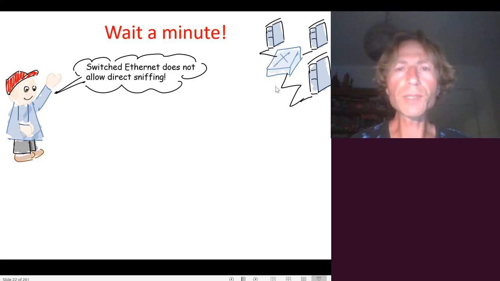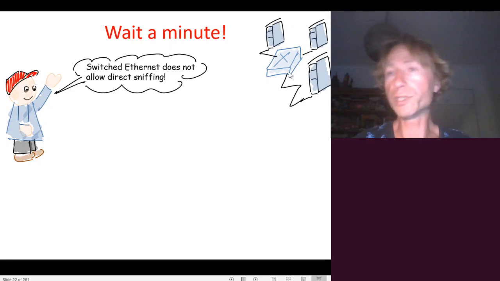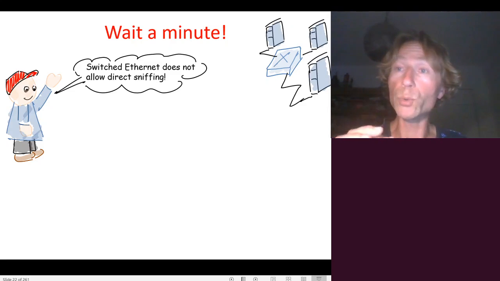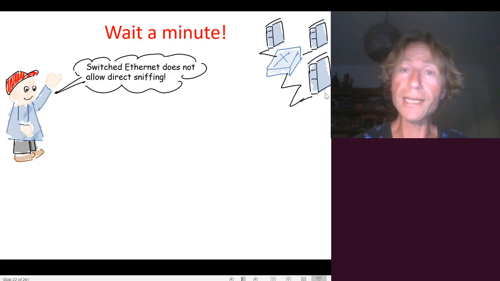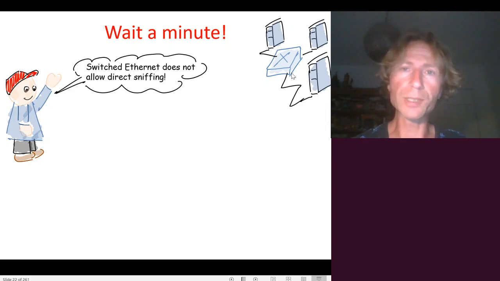So what the switch will do is it will see traffic that is sent by this host A here, and it will arrive on this port, say port 1, at the switch. So the switch at that particular moment knows that host A with this particular MAC address is on port 1, and it makes a recording of that in its switch table.